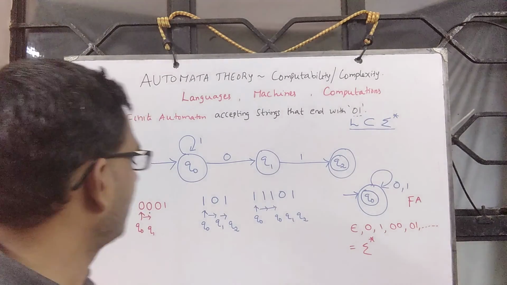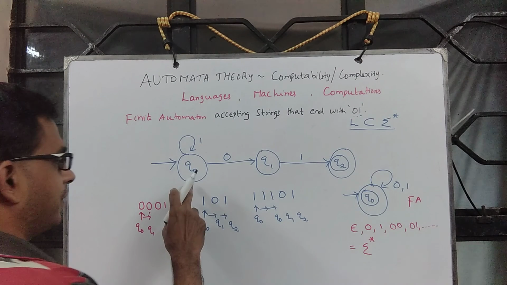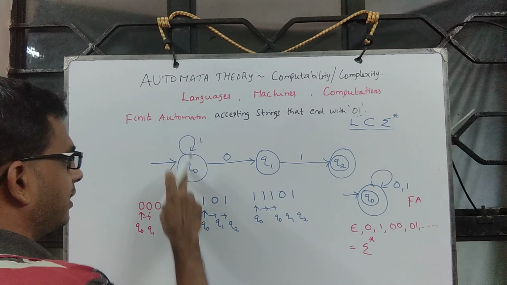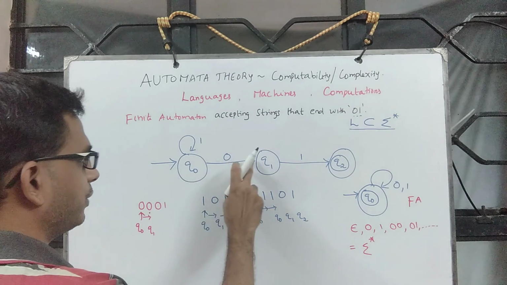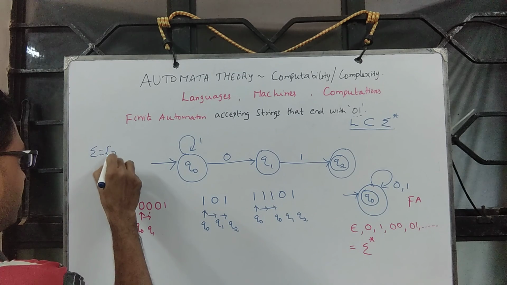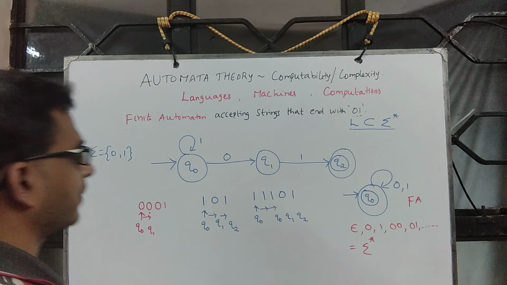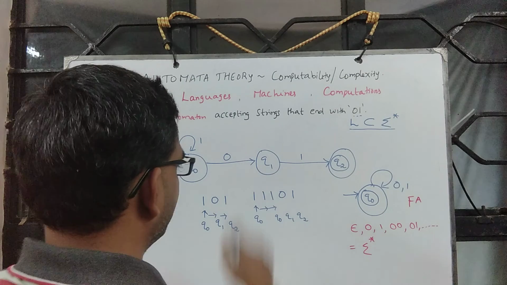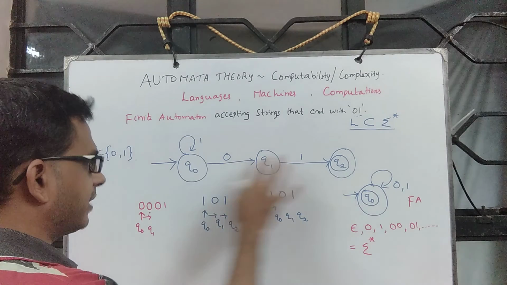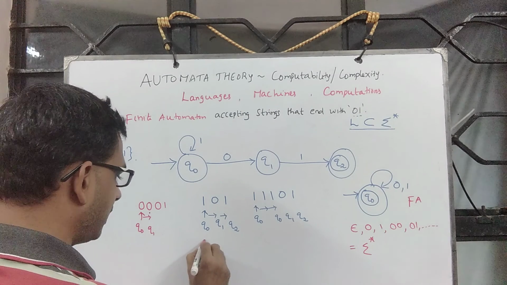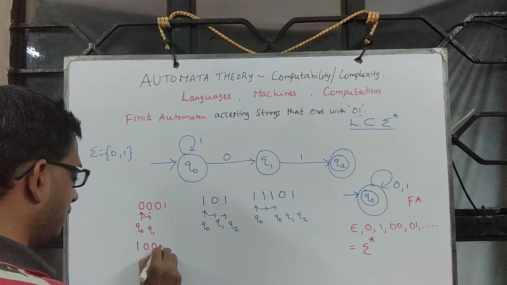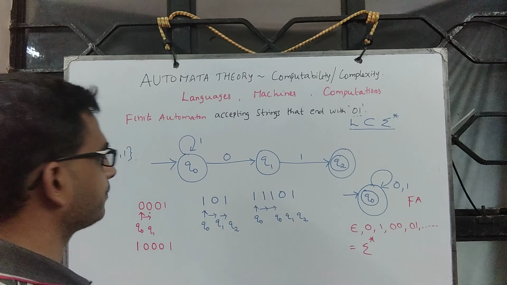Okay. So now from this we see that transition on 1 and transition on 0 are both defined, because our sigma consists of 0, 1. So what about this? There are still more. This is not complete. The reason is, look at the input, say 1, 0, 0, 0, 1.